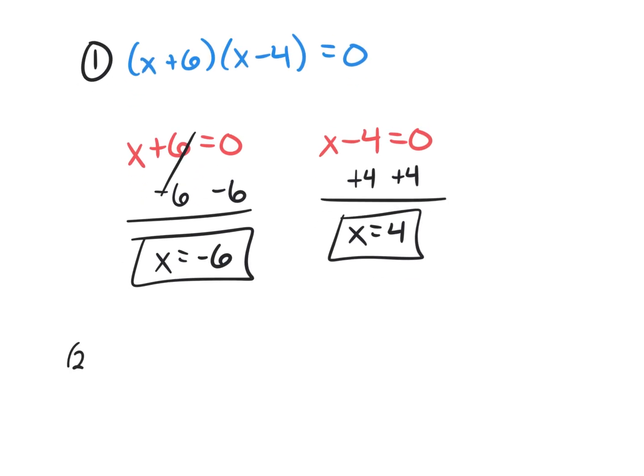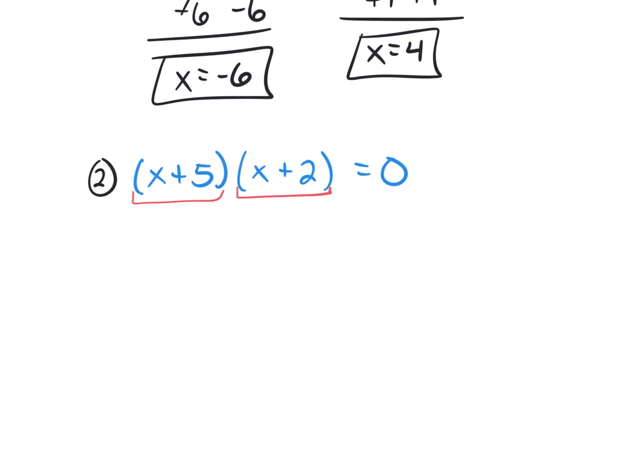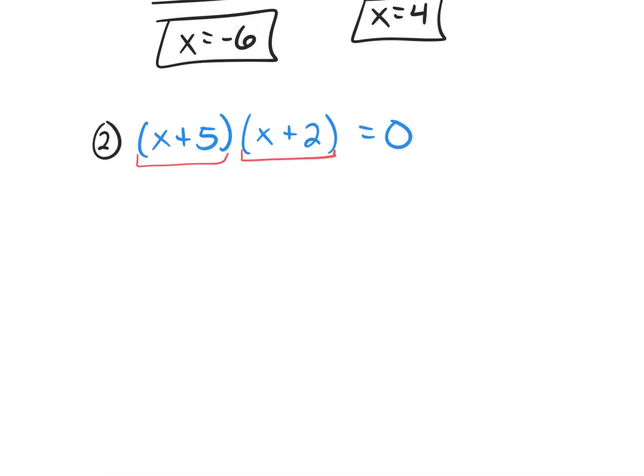So another one we'll look at here. Let's do x plus 5 times x plus 2. Can we take anything out? No, they don't have anything in common. Remember, look at them individually. Can I factor either of those any further? No. So what is our step 3 then?